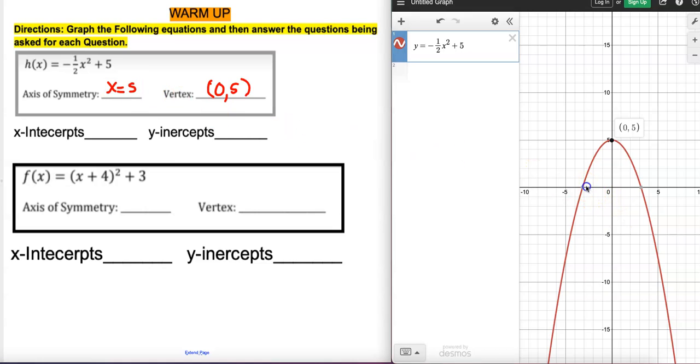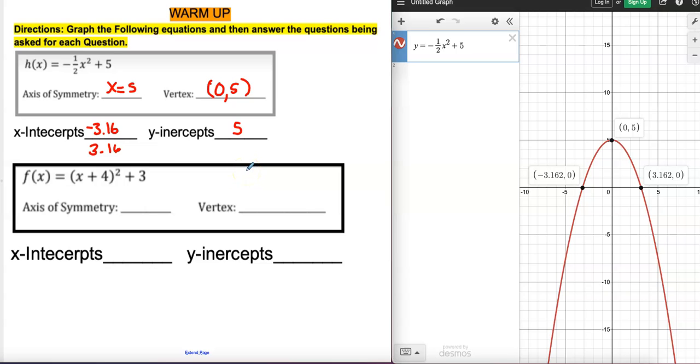My x-intercepts, I have 2 of them. It crosses the x-axis at negative 3.16 and also positive 3.16. And my y-intercept, I can see it crosses the y-axis at 5.